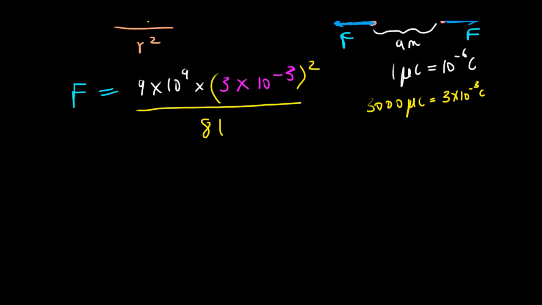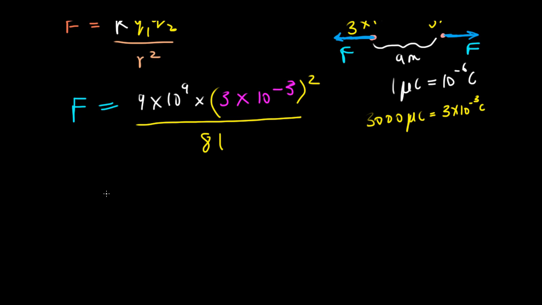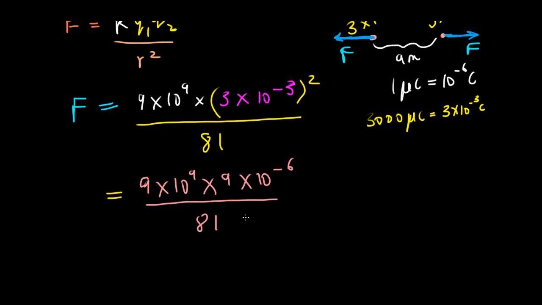Okay, so let me scroll down a bit. So we have 9 times, let me change the color, 9 times 10 to the 9th, this is a 9, and you can calculate this is 9 times 10 to the minus 6, I believe, yeah, divided by 81.